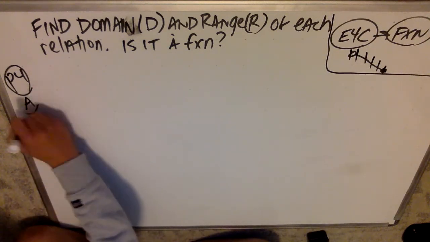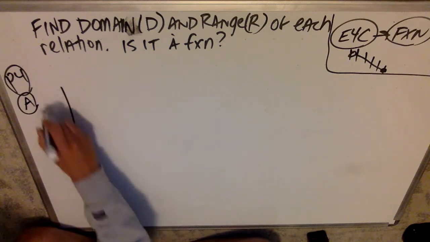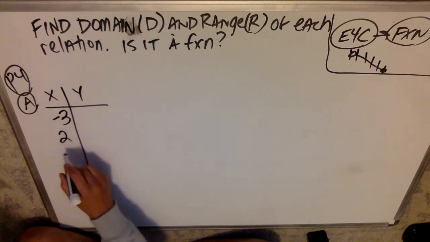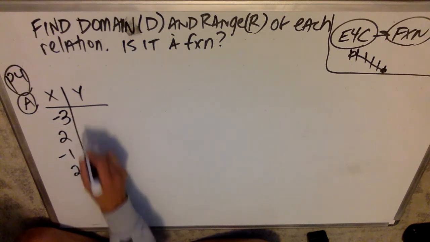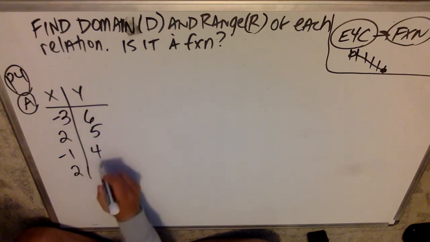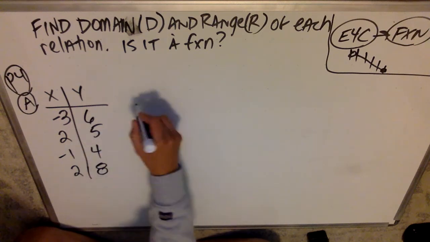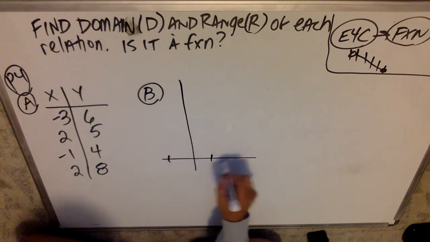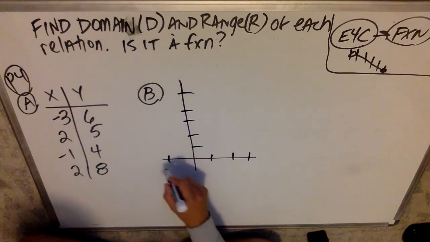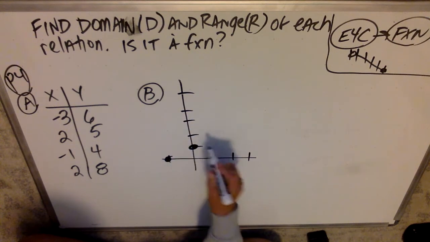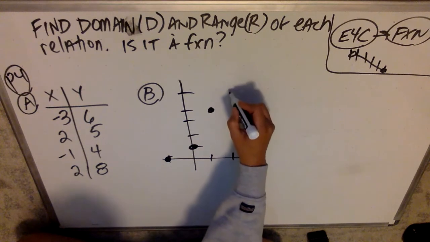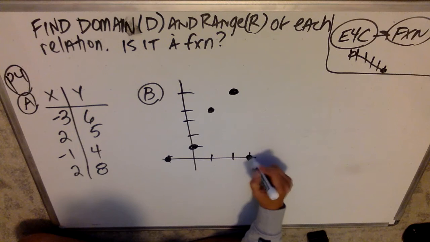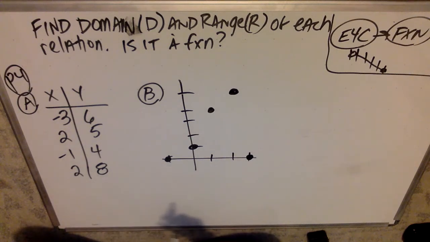Okay. So P4, let's do a table. And then for B, let's do one of those ridiculous graphs again. Again, assume that my intention is for dots to be on nice, happy integer values.